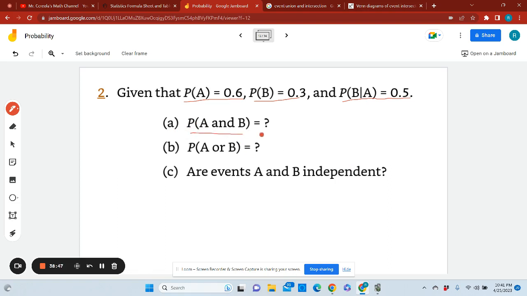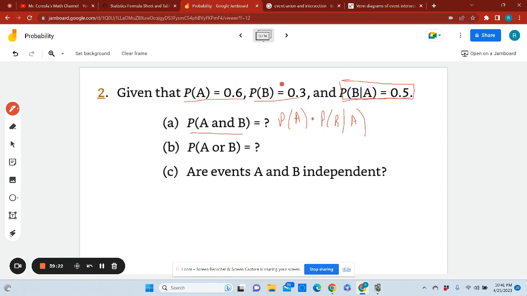For A and B, remember, we're going to want to do the probability that A occurs times the probability that B occurs given A has occurred, right? Because they don't tell us these are independent. If they were independent, I could just do the probability of A times the probability of B.